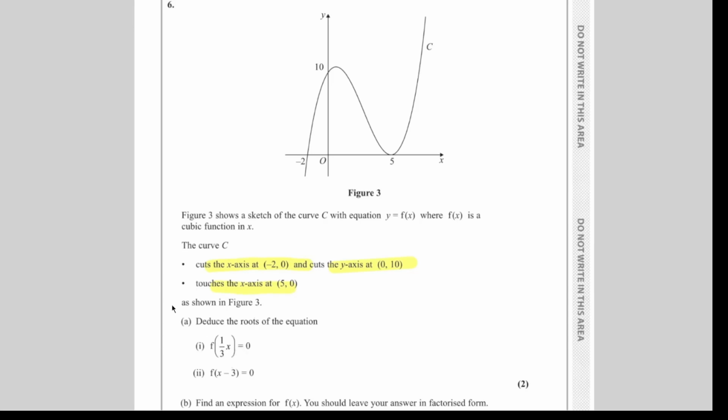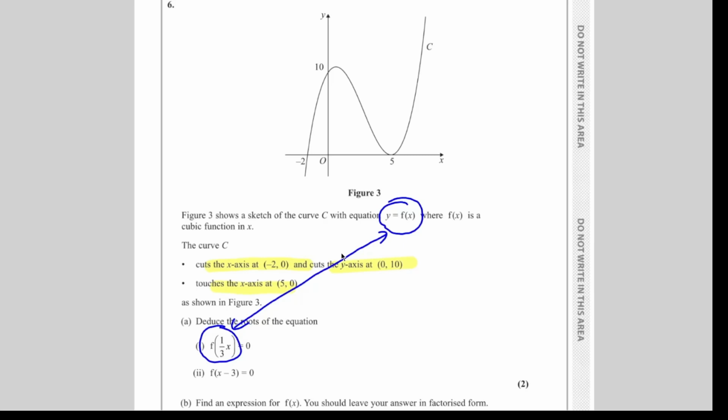What is this? This is a bit of transformation and cubic curves. How do we do this one? Here y equals f of x is given, and f of 1/3 of x is given, so you need to analyze these two. Always analyze what happened to y equals f of x.